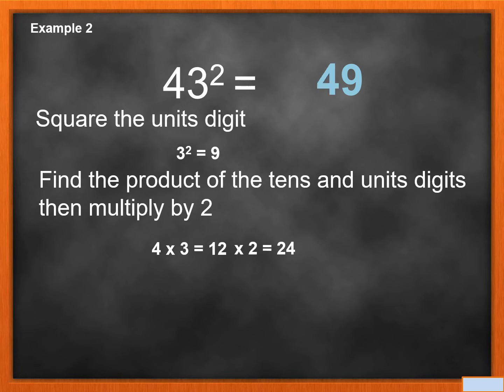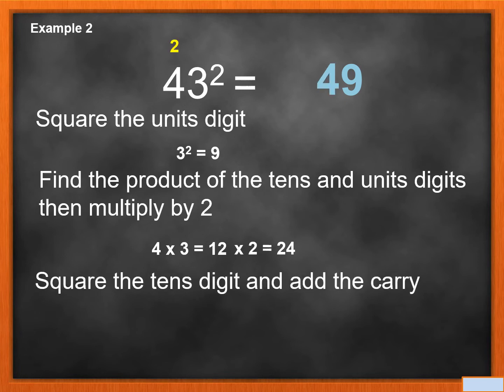Write 4 and carry 2. Then square the tens digit and add the carry. 4 squared is 16, plus 2 is equal to 18. Write 18. Therefore, 43 squared is equal to 1849.